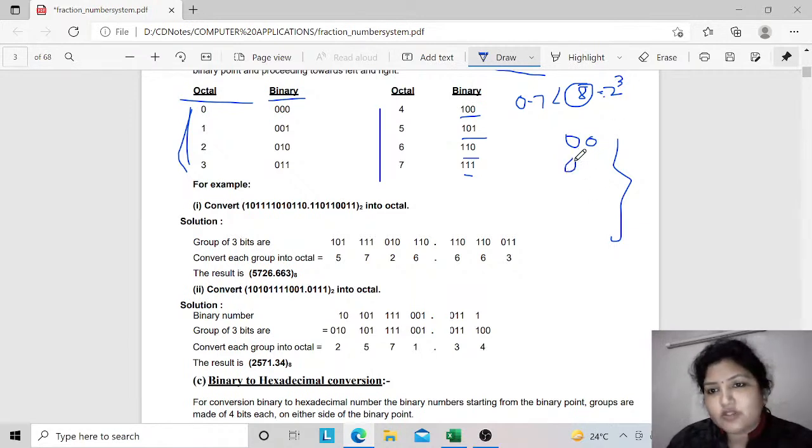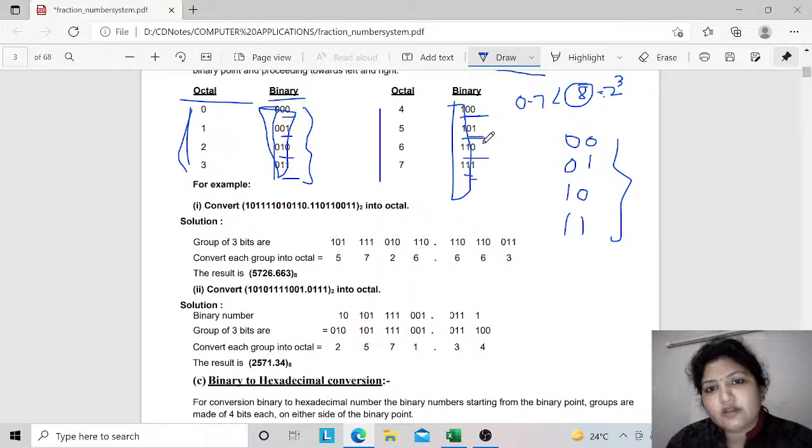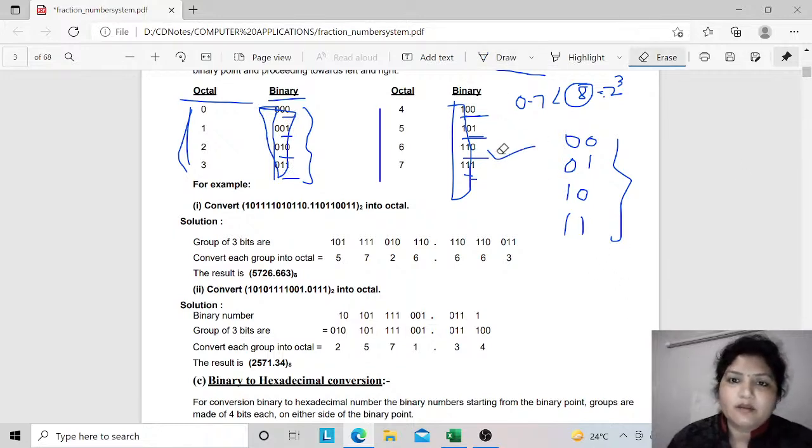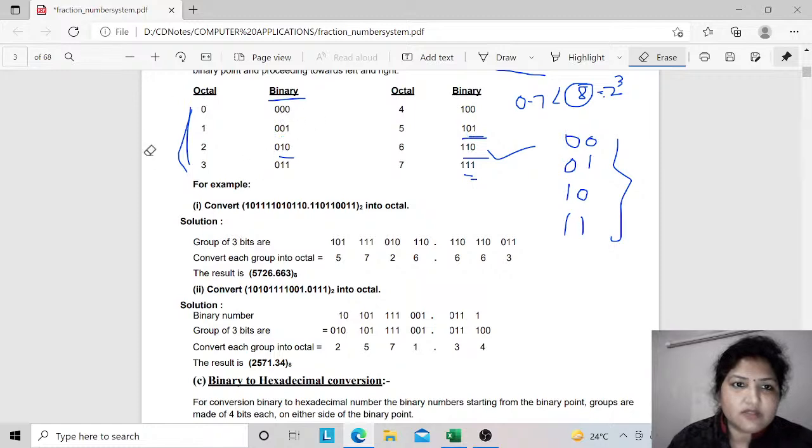What are these combinations? 0, 0, 0, 1, 1, 0 and 1, 1, right? Over here we put 0, and when the 4 numbers are completed, then we can start with 0, 1. So you have again 0, 0, 0, 1, 1, 0 and 1, 1. Now you put 1 as a first bit, right? So over here you put 0 as a first bit, and over here you put 1 as the starting bit.